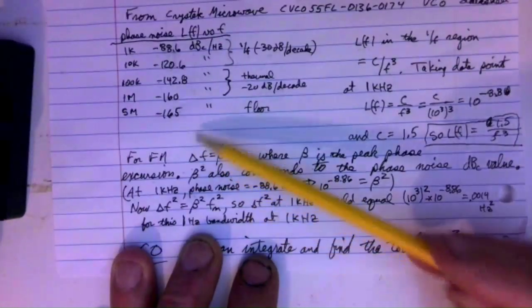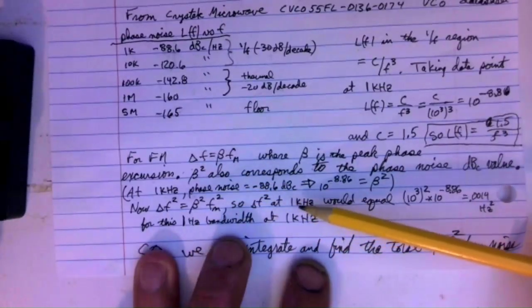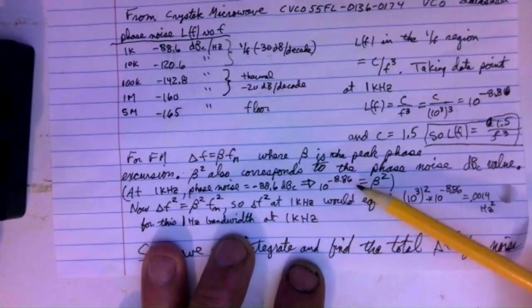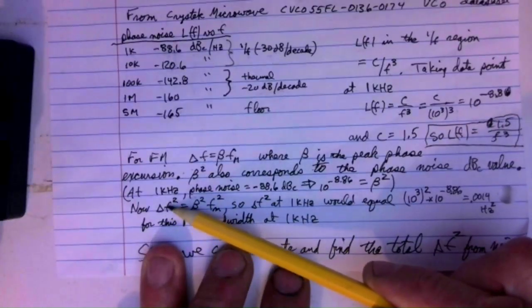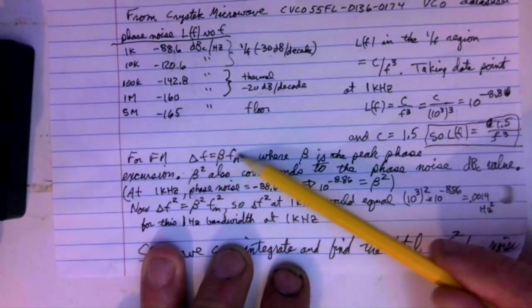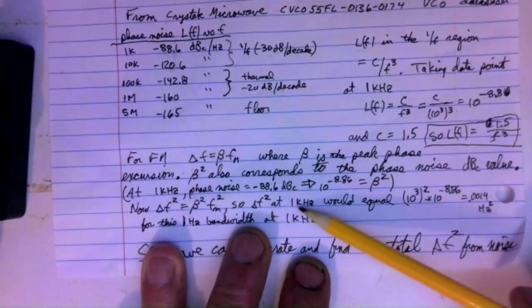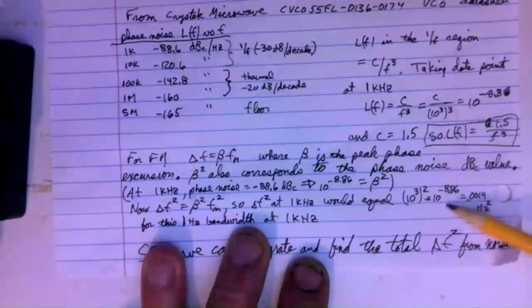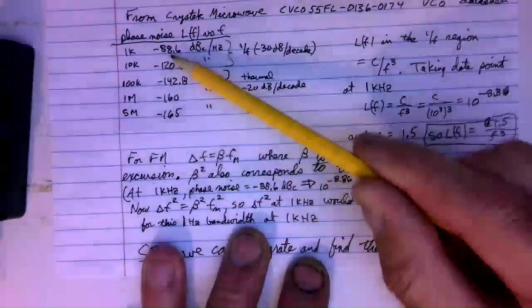All right, I know this is a little confusing, and we're not really explaining this, but I want to. So now we don't want beta squared. We want delta F squared. So how do we get delta F squared? Well, beta squared times FM squared, of course, is delta F squared, and so delta F squared at 1 kilohertz would be F squared, there's our frequency, times beta squared, that's the phase noise here.